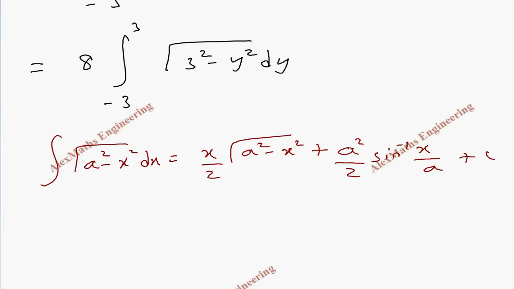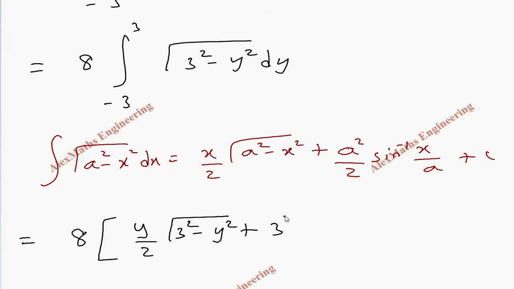Here we have limits, so we don't put plus c. So we have 8 times the bracket: y by 2 root of 3 square minus y square plus 3 square by 2 sin inverse y by 3, from minus 3 to plus 3.